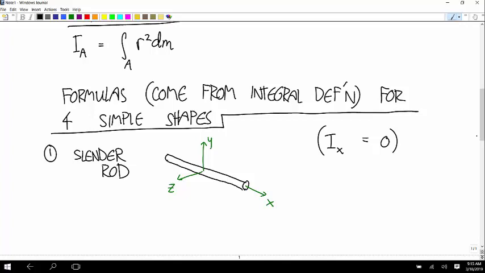You'd use its actual radius and say it's a disk. But about the y-axis is the same as about the z-axis, and in both cases it's 1/12 times the mass times the length squared, and the length is this. Those should be parallel to the z-axis.